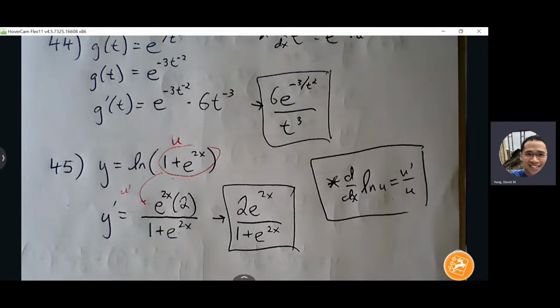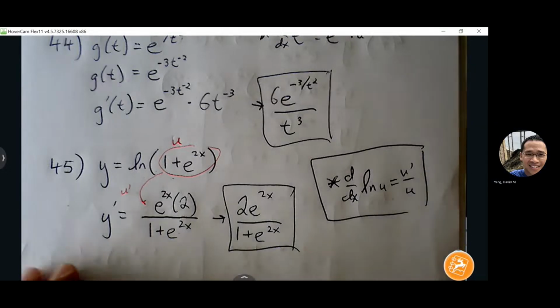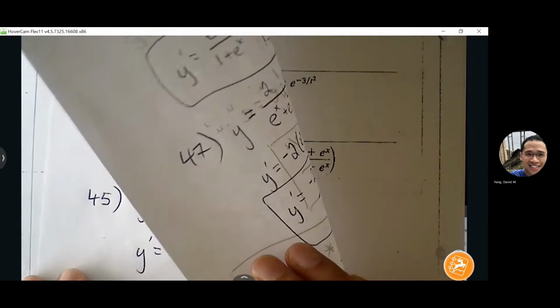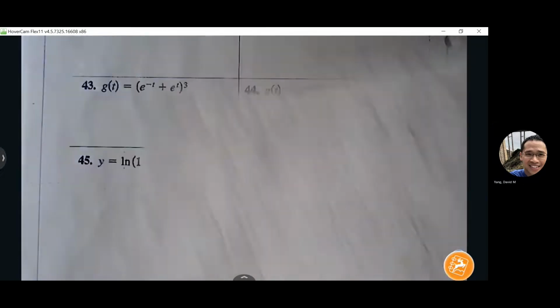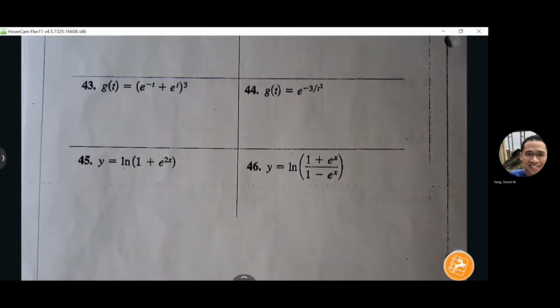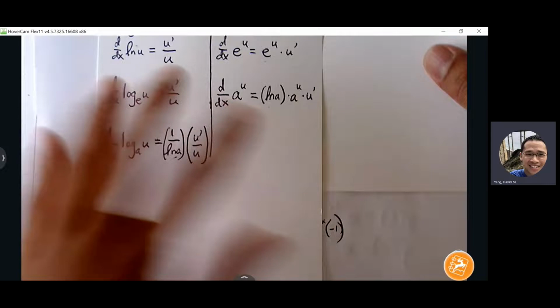Okay, take a look at 46. Take a look at how 46 is set up.